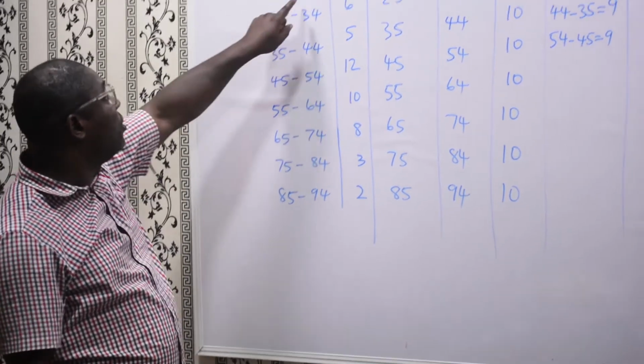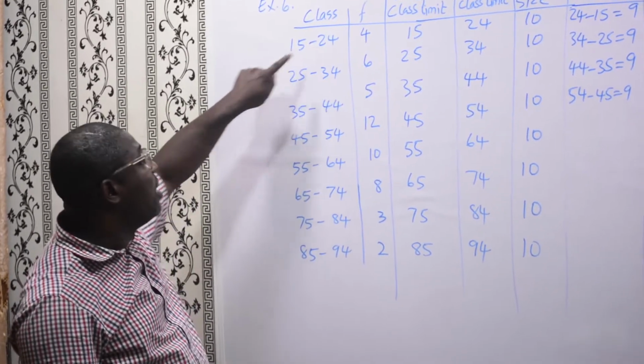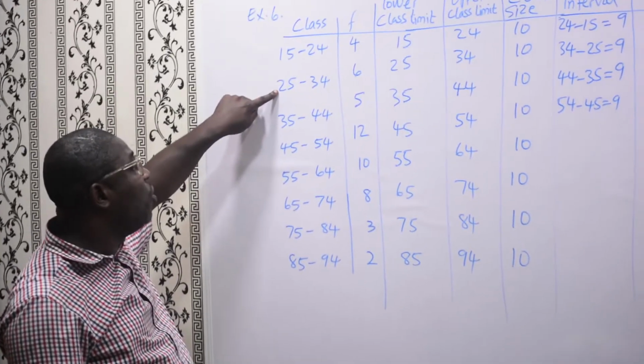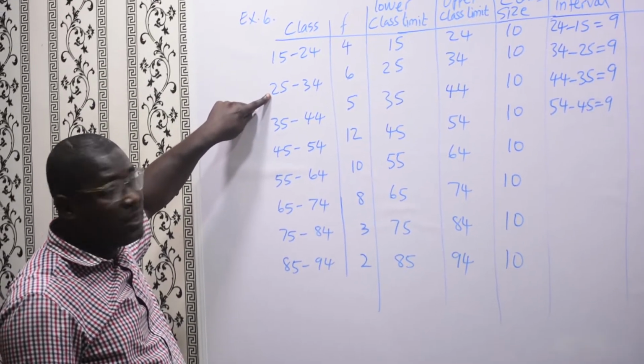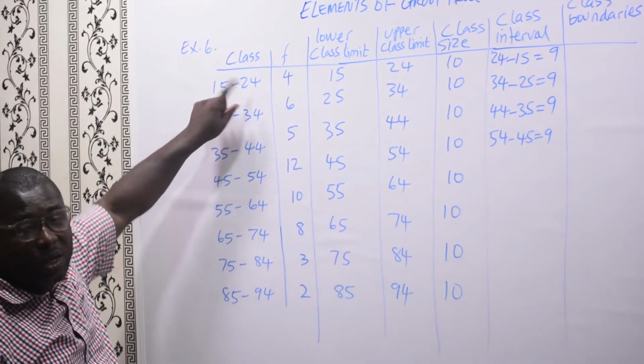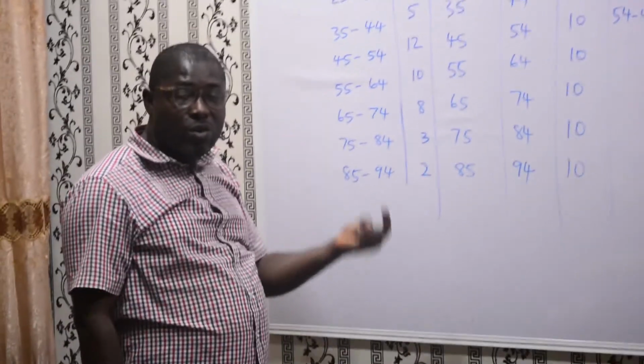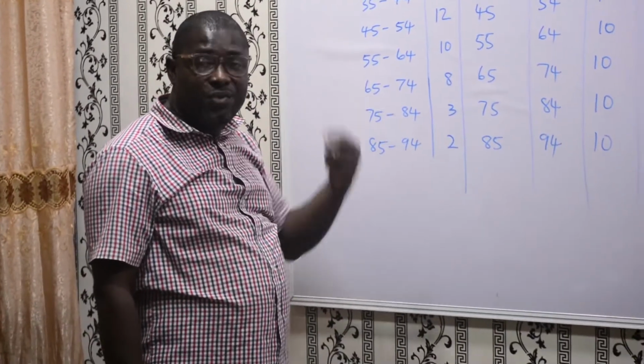In this case, 24 is the upper class limit of the first class, and 25 is the lower class limit of the next class. So the difference between 25 and 24 is 1, and we divide 1 by 2, so that we have 0.5.